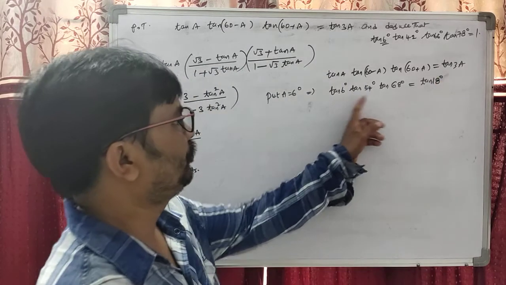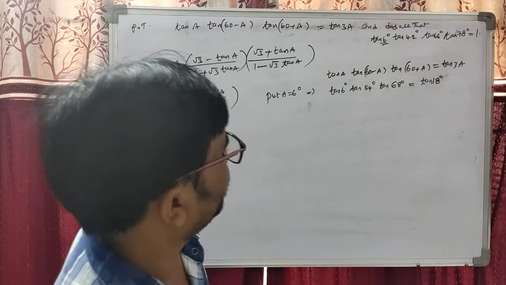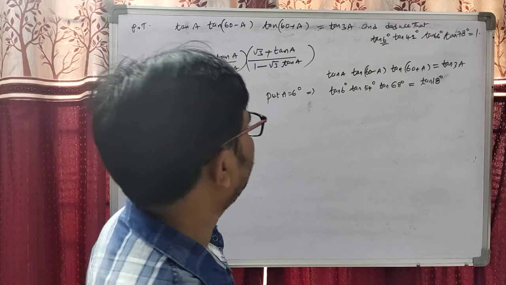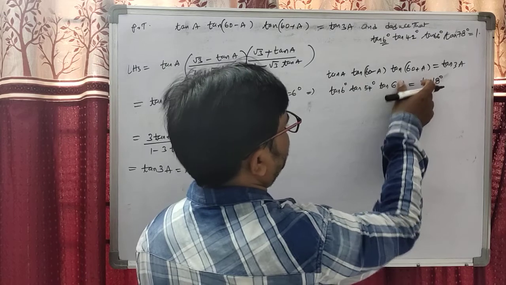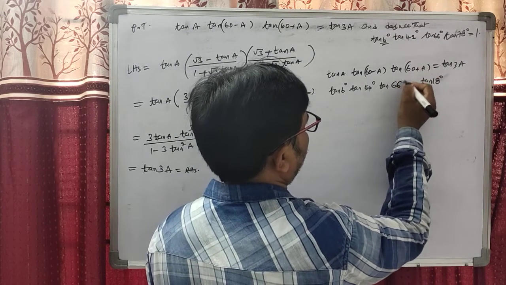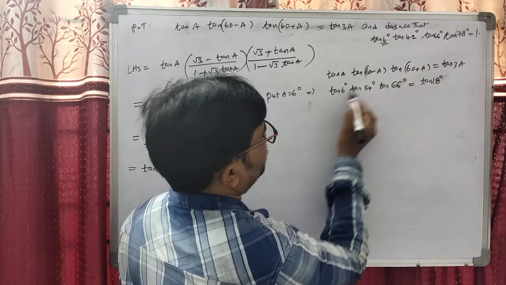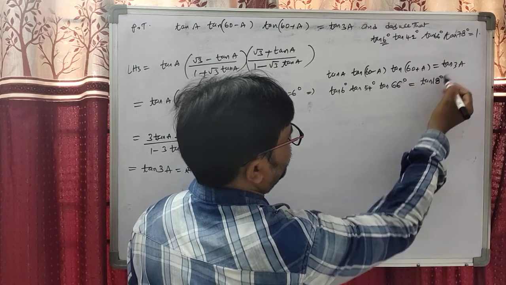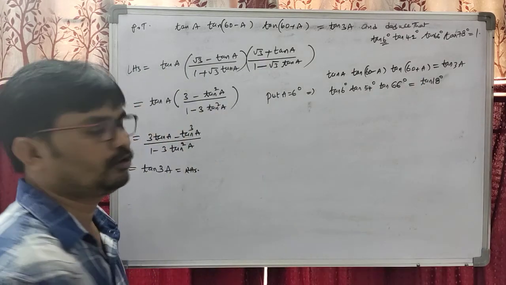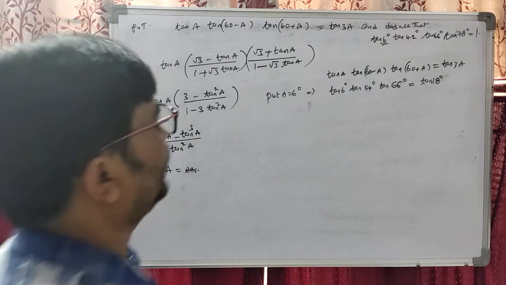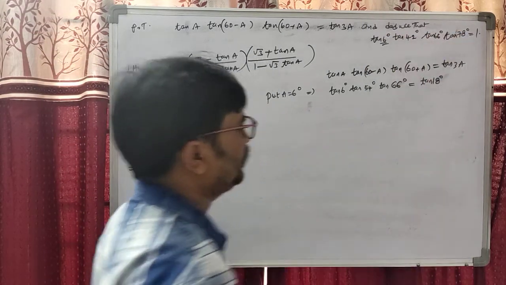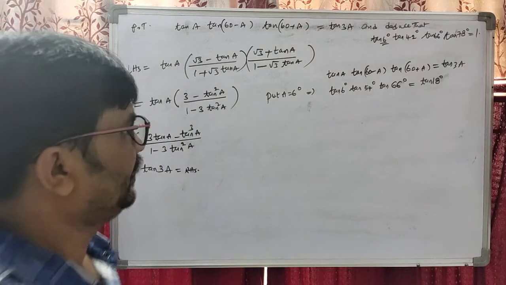Are you understanding, students? So we have 6, 54, 66, 18. Here we have 6 and 66, but not 42 and 78.